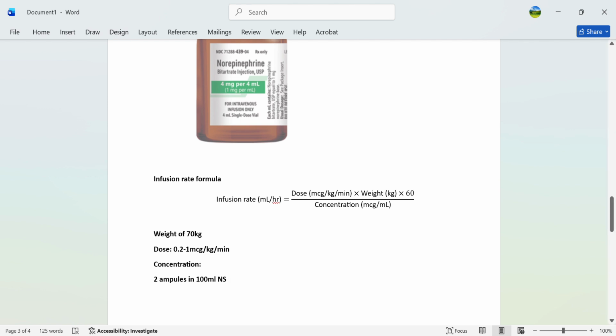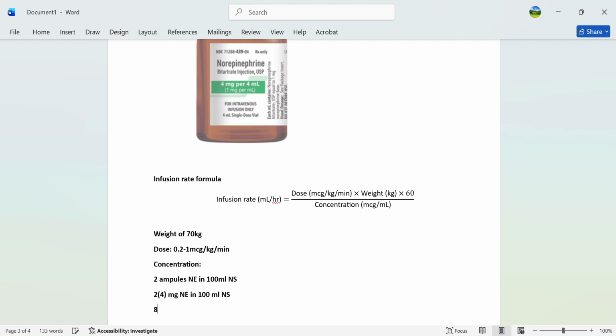So 2 ampules of norepinephrine in 100 ml of normal saline. We know that 1 ampule contains 4 milligram of norepinephrine. So 2 ampules will contain how many? It will be 2 multiplied by 4, milligram of norepinephrine in 100 ml of normal saline.